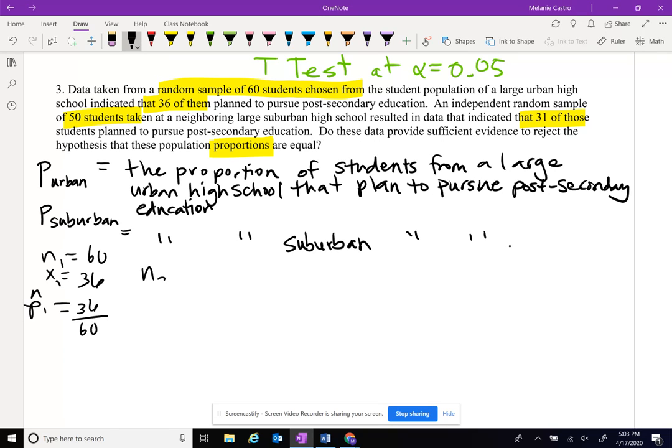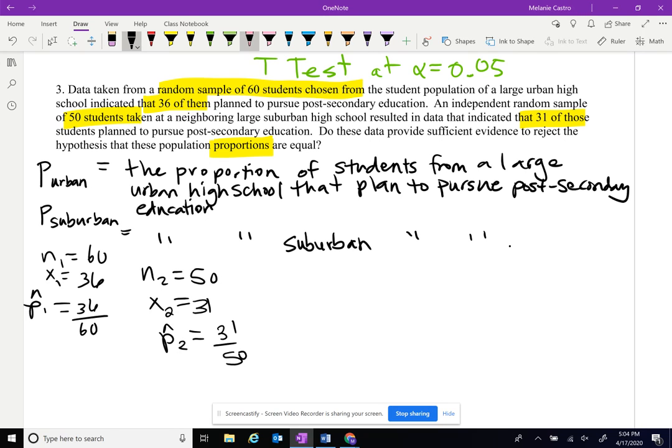We also were told the second sample size and how many of, not x bar, bad, not means, totals. Total number of kids there that said that they were going to go on to college. And then we have that p hat 2 calculation. So I'm writing that. You don't have to do that here, but just so you know, if we needed to go and check assumptions, all of that's critical information for me to make those decisions, and then also be able to calculate, do we have enough independence and all that stuff.